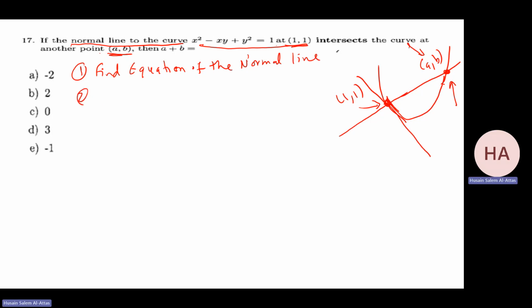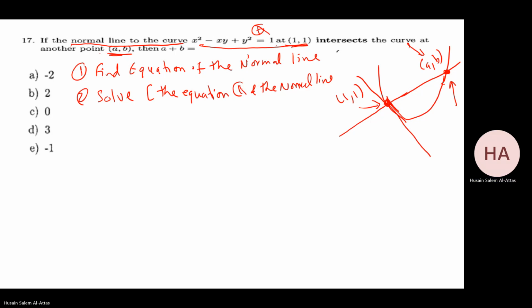Second step, this point is the point on the curve and the normal line, so I solve the equation, let's call it 1, and the normal line. Let me call it capital A. Okay, so let me first find the normal line.